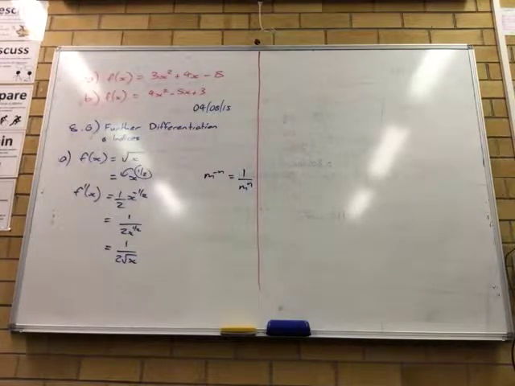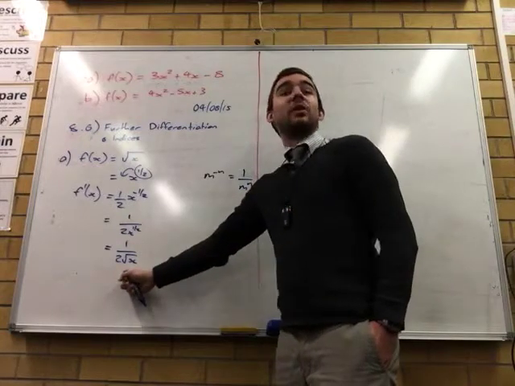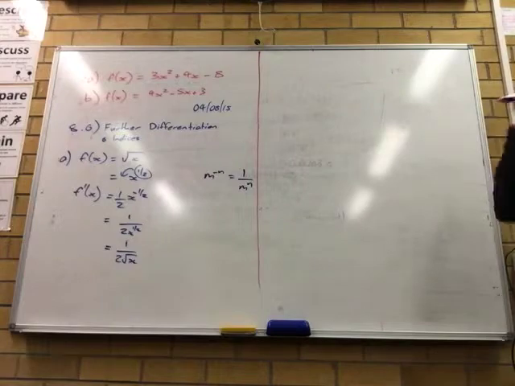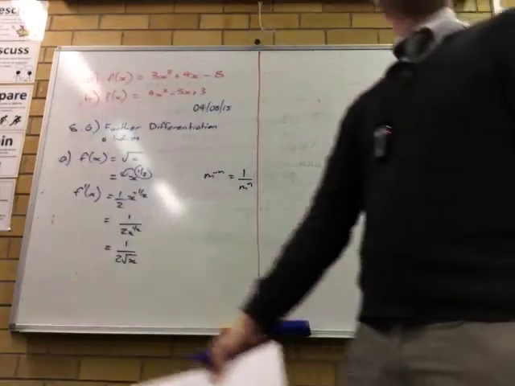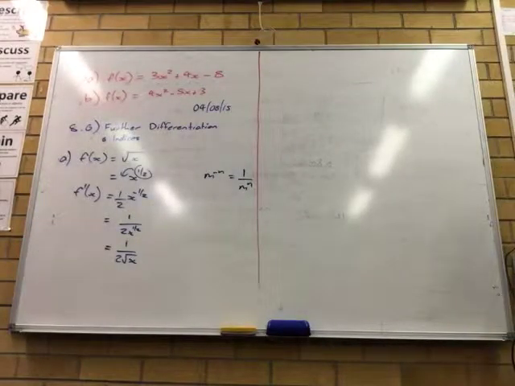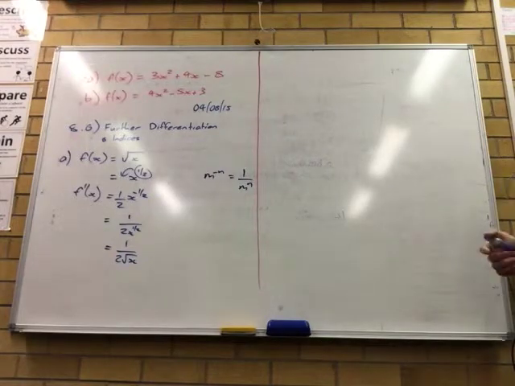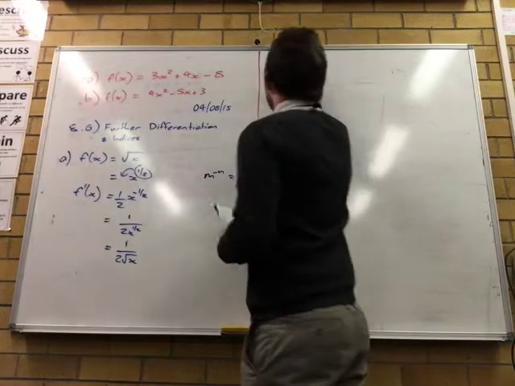If you take a square root of a negative number, it won't come back as a defined number at all. So we can only take the square root of a positive number, and it will return a positive number. That means the gradient will always be positive at any point x on the curve.